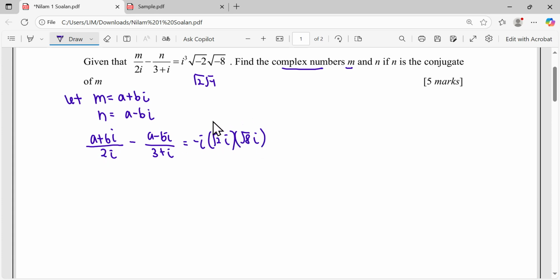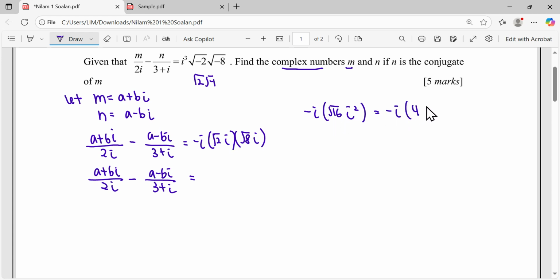Let us simplify the right side first. Negative i, square root 2, square root 8, square root 16, i with i squared. So negative i, square root 16 is 4, then i squared is negative 1, so it becomes 4i. So this side is 4i.